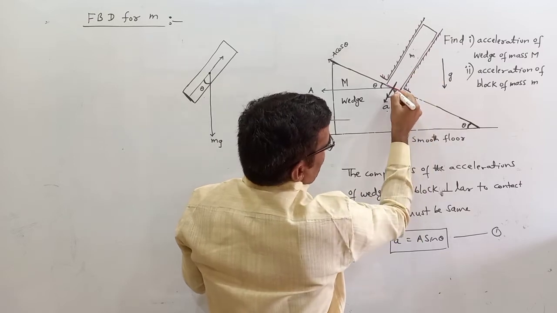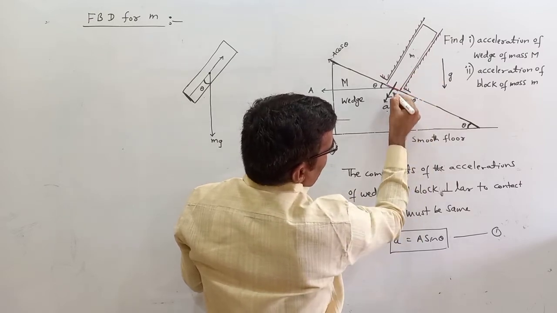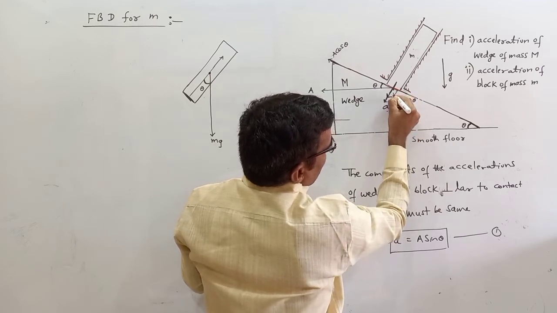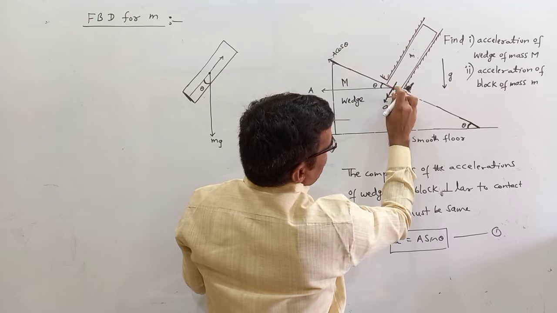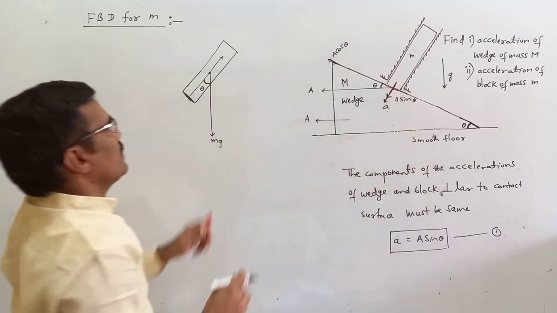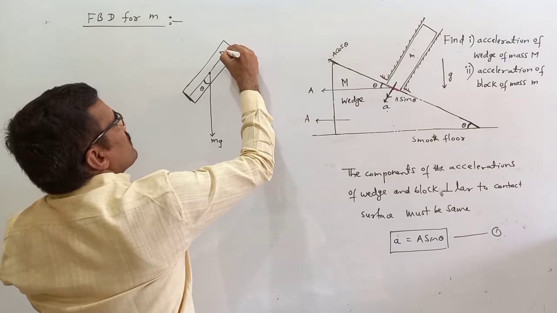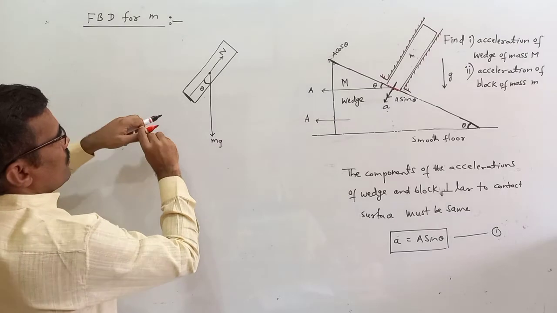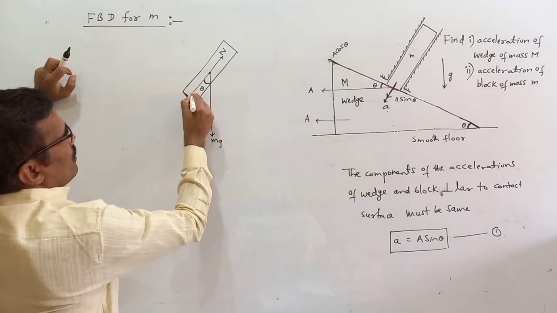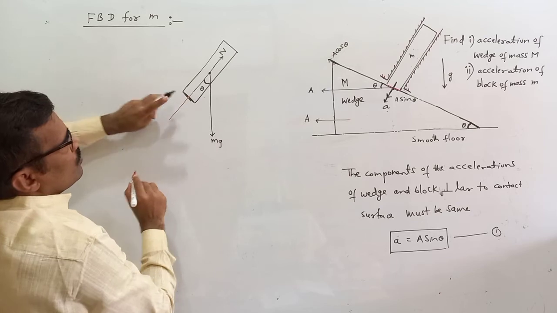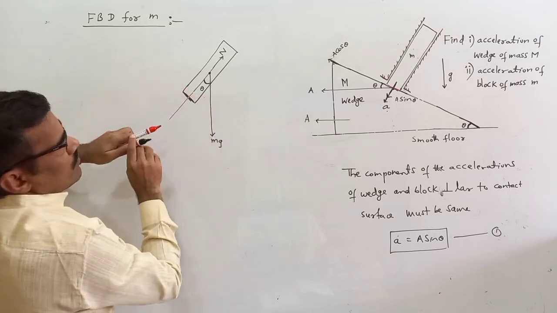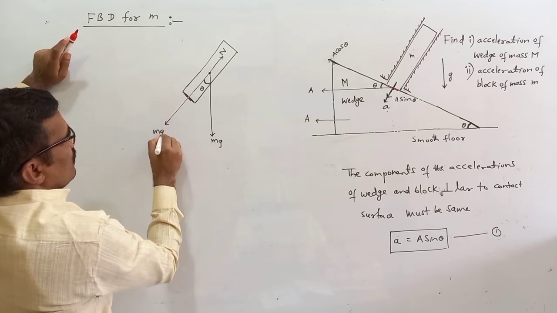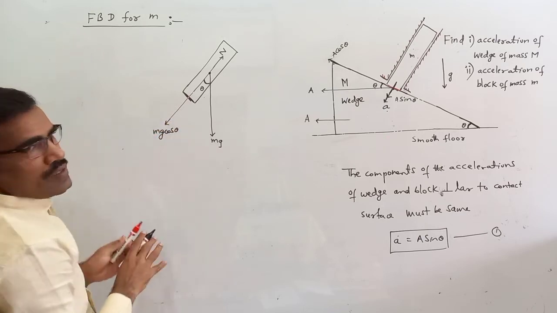mg down. This angle is 90 minus theta, and the remaining is theta. That's why this is theta. Here it is N. The mg can be resolved along the normal to the contact surface: this side is mg cos theta.